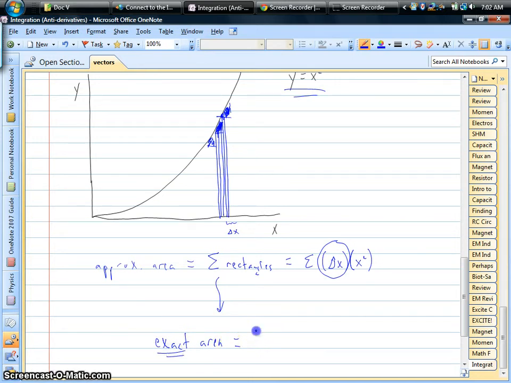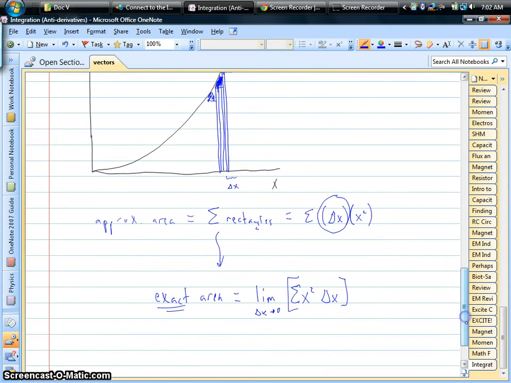And the notation that we have for this is, if we do the limit as delta x gets really small, okay, if these rectangles get really skinny, on our height times base, and then we're doing the sum of all that to get the total area.